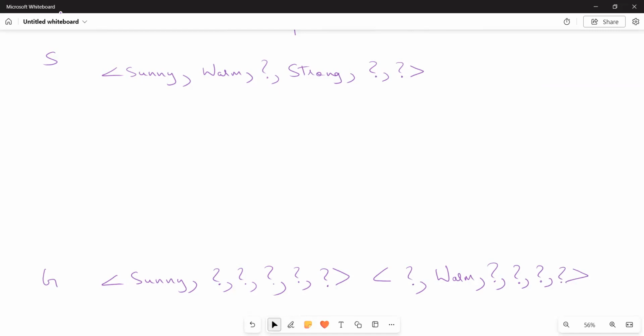Now, just like we compared each hypothesis with E1, E2, E3, we are going to compare hypotheses. First, Sunny with Sunny with the first hypothesis. When we start comparing, Sunny and Sunny, that's fine.